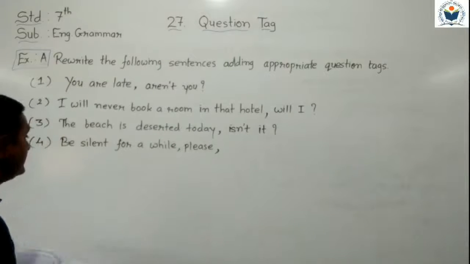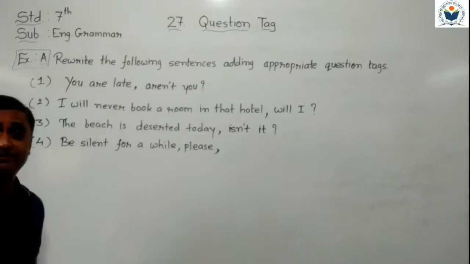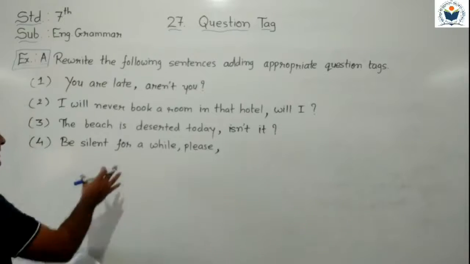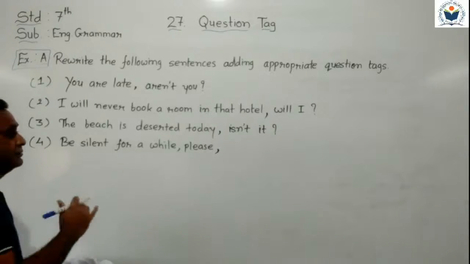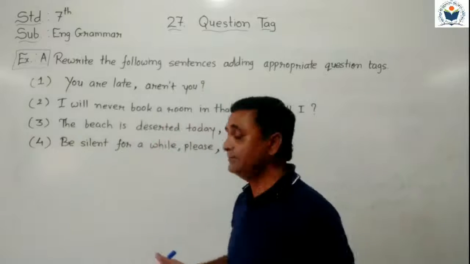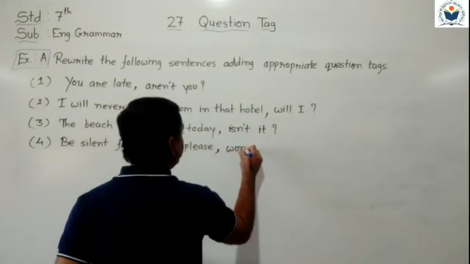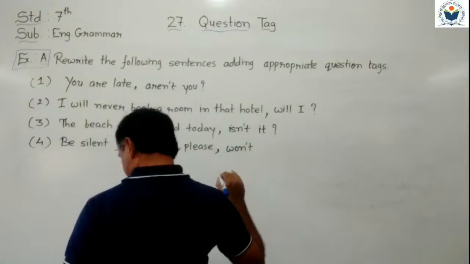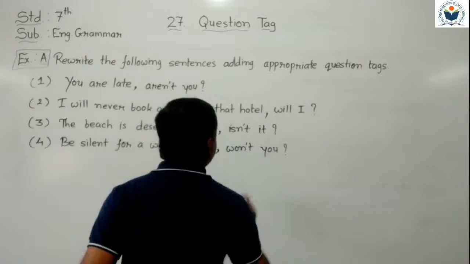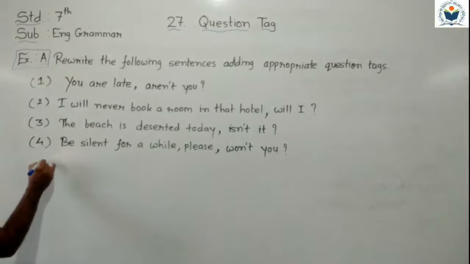Then see, the sentence is given in a positive sense, so we have to put the negative form. Here a helping verb is not there, so what do we have to put here? One will, as it is talking about future time. So we have to put will not in short form, won't. Then who is being talked to? You. Won't you. It's the question tag for your sentence.